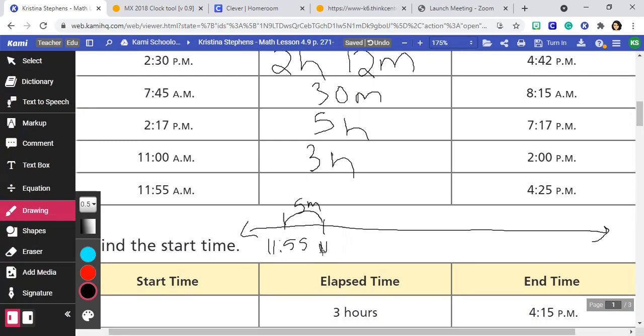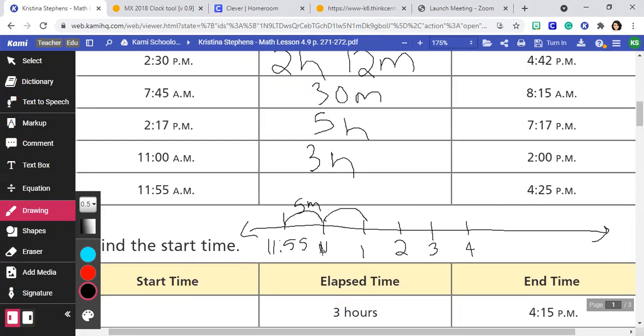And if I want to go from noon all the way to our 4 o'clock hour up here, I'm going to just put those hour marks. 1 o'clock, 2 o'clock, 3 o'clock, 4 o'clock.